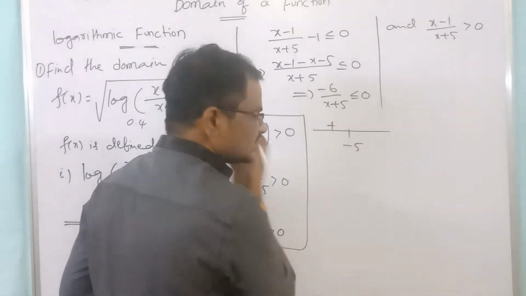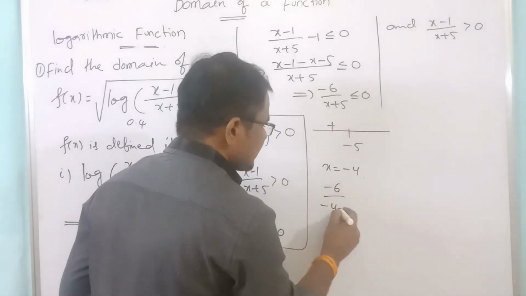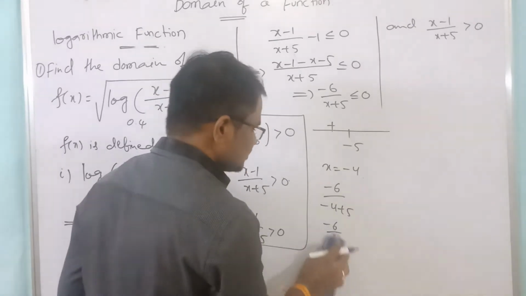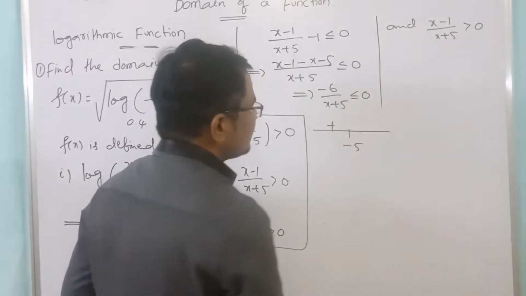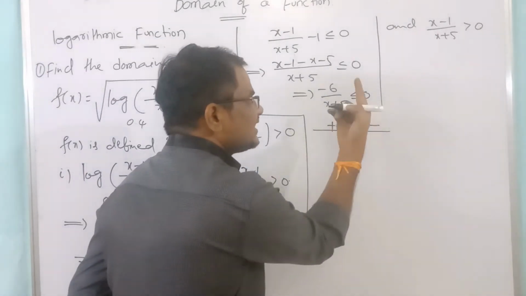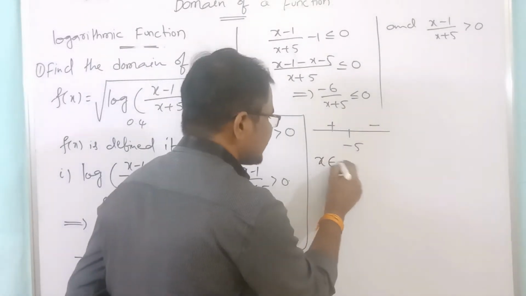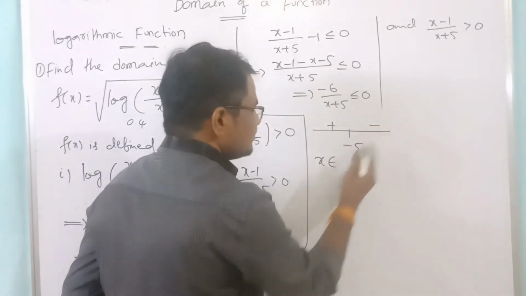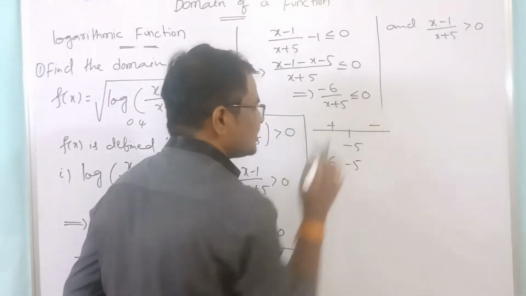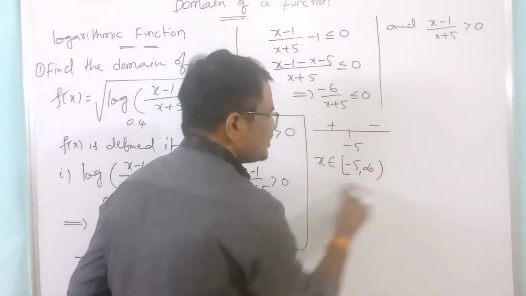And greater than minus 5, substitute x equal to minus 4: minus 6 by minus 4 plus 5, that is equal to minus 6 by 1, so this is negative. So it is positive on one side and negative on the other. What we want is whenever this condition is less than or equal to 0, so we take x belonging to this side. A closed interval at minus 5 can also be taken, because here it is less than or equal to. So x belongs to the closed interval minus 5 to infinity.